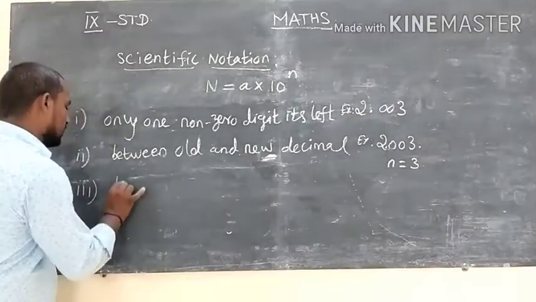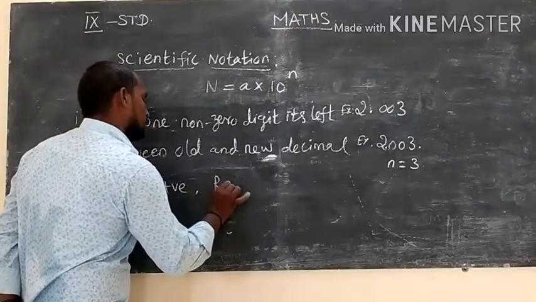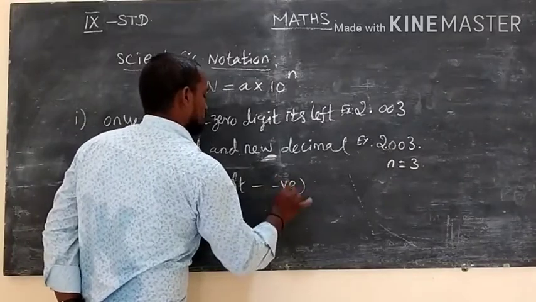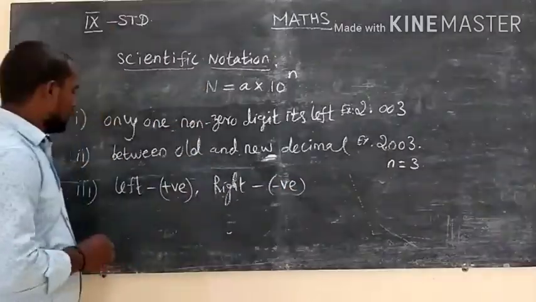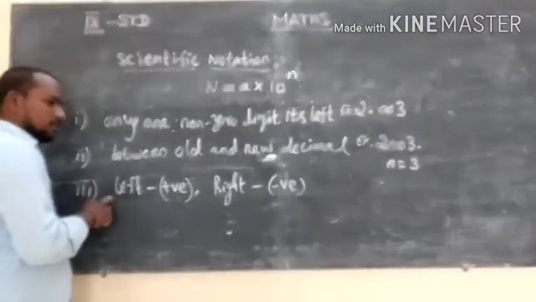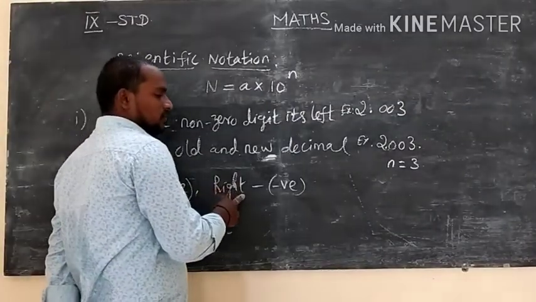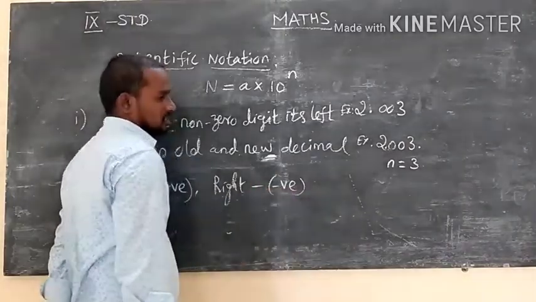This is your third condition. Shifting right to left gives positive exponents, and shifting left to right gives negative exponents.